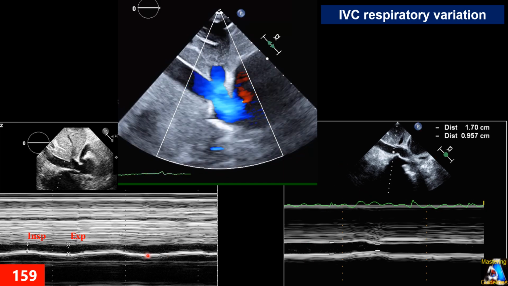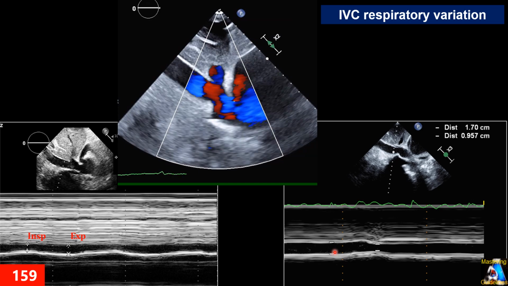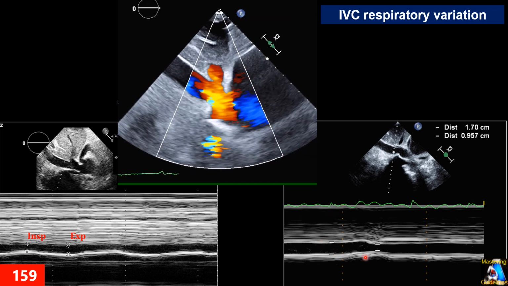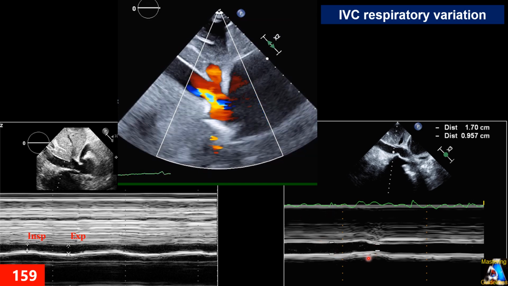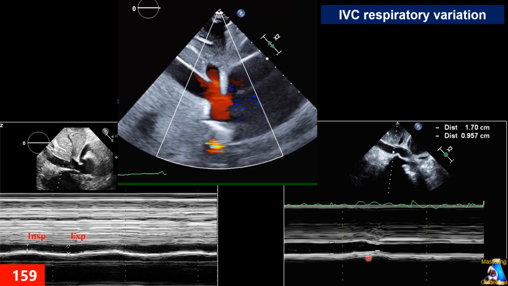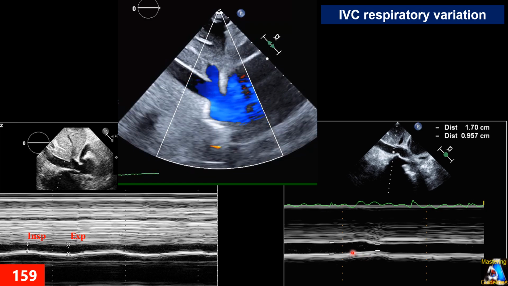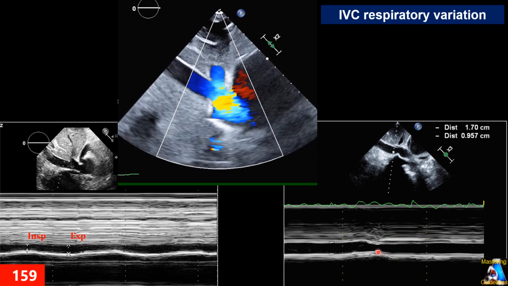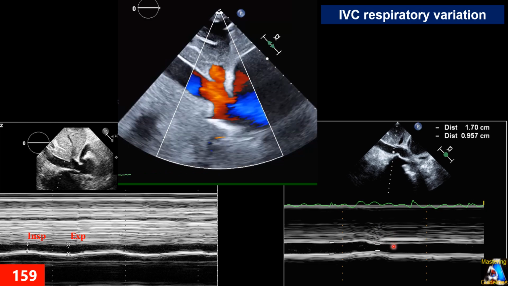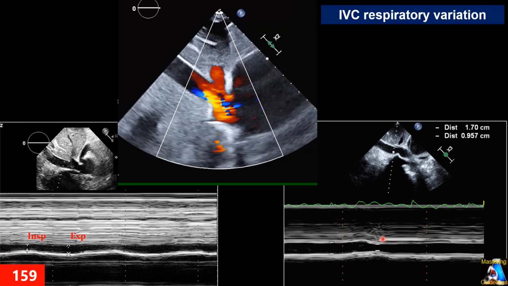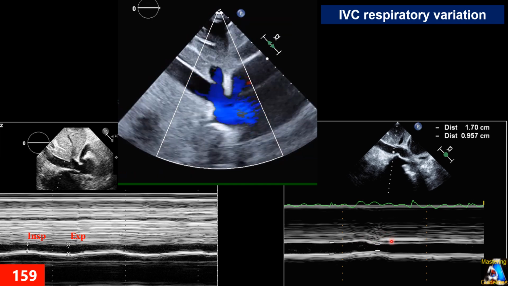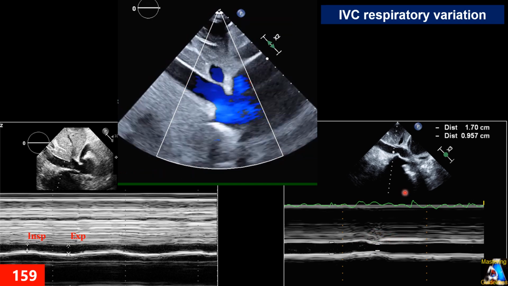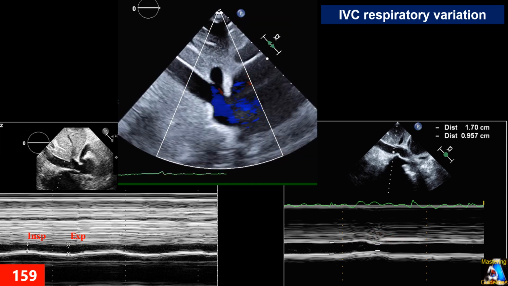For example, if we measure the largest at 2 centimeters and the smallest at 1 centimeter, collapsibility is 50%. If it was 2, and now the smallest becomes less than 0.25 centimeter, collapsibility is over 75%.